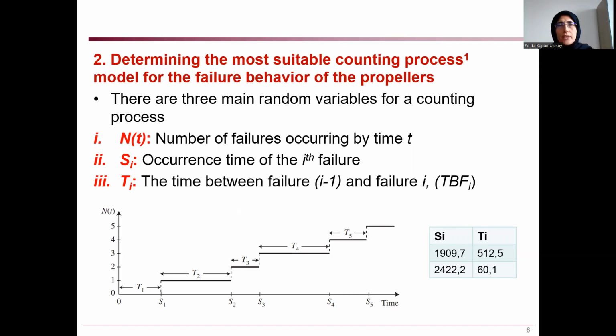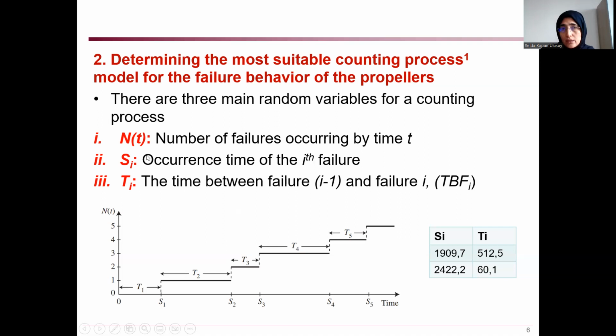For a counting process, there are 3 main random variables. These are N(t), the number of failures occurring by time t, S_i, the occurrence time of the ith failure, and T_i, the time between failure i minus 1 and failure i.